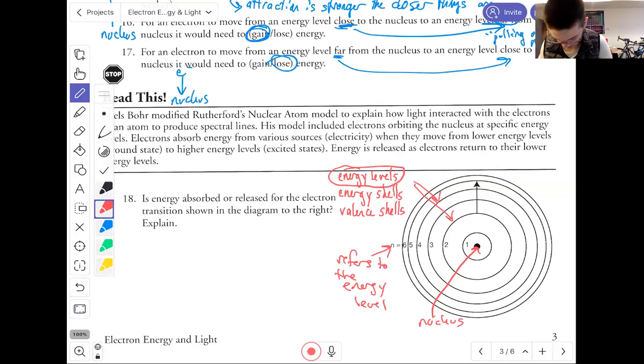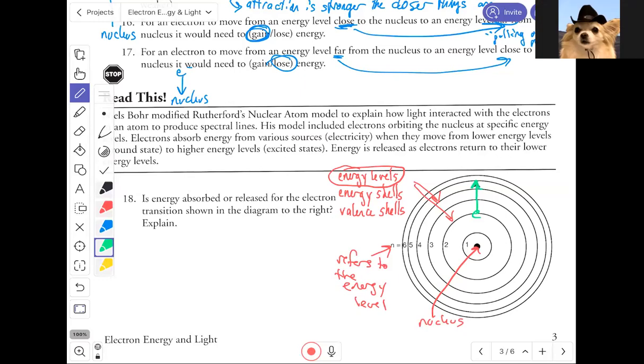In this instance, this is my little electron, and it's going from here up to here. So what energy level did that electron start at? It started here at the second circle, so it started at 2.